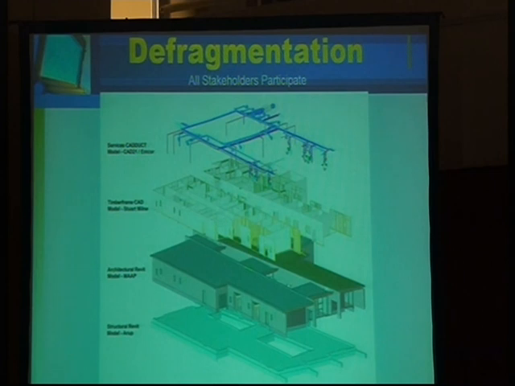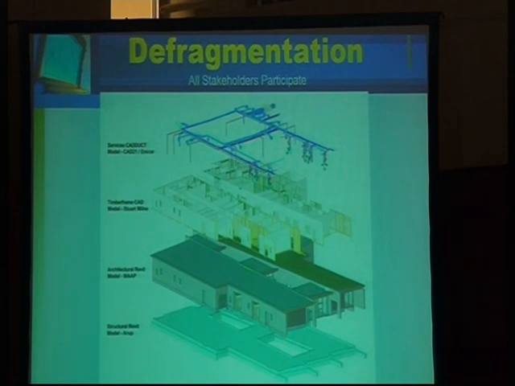And defragmentation means bringing all trades, all disciplines, architects, civil engineers, structural engineers, mechanical, electrical, all into one location or one platform. That is the BIM model. As you can see in this example, we have the foundation grade beams from the structural engineers, and we have the architectural building where we have the skin of the building, the roof, spaces, and so forth.